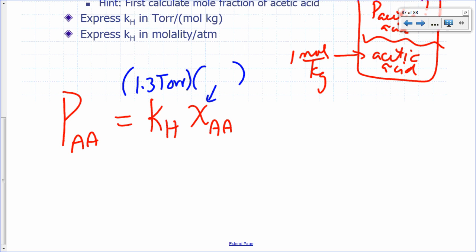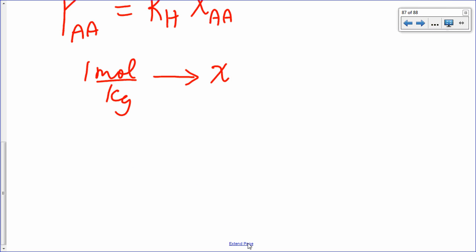You need to change from molality, 1 mole per kilogram. How do you get mole fraction? It's a conversion from one unit to another. So let's assume you have 1 kilogram of solvent, 1 kilogram of water.